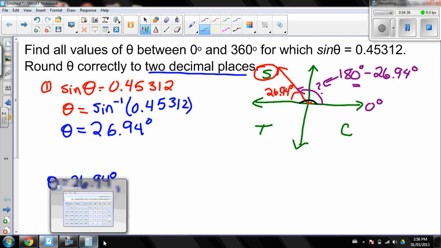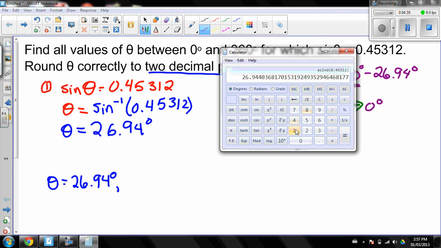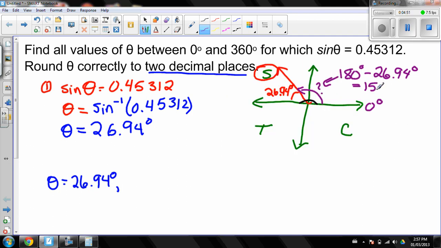When I do that, that gives me 153.06 degrees. So that means our second angle here is 153.06 degrees.